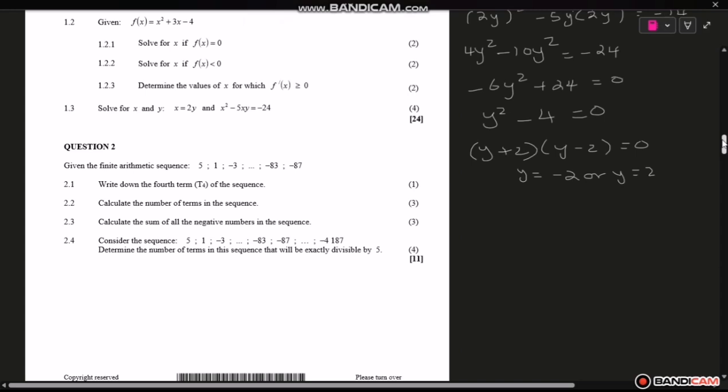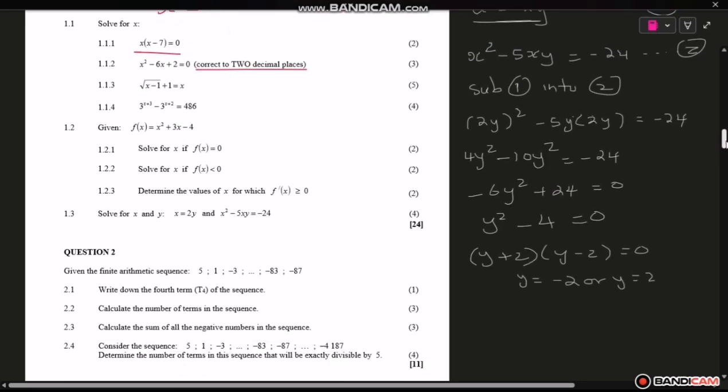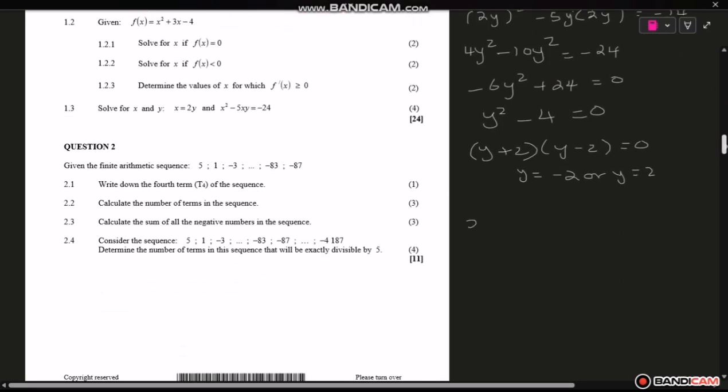Equation 1 is x equals 2y, meaning x equals 2 into negative 2, then the answer is negative 4, and x equals 2 into positive 2, then our answer will be positive 4. So we have solved x and y simultaneously.